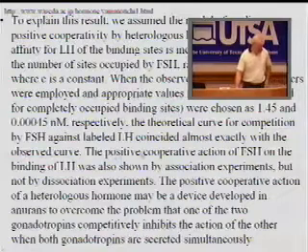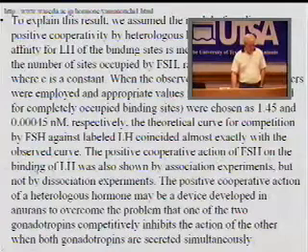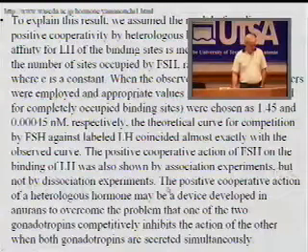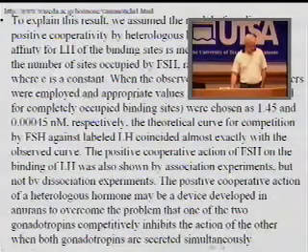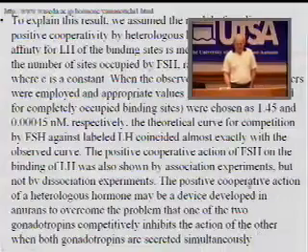So the positive cooperative action of FSH on the binding of LH was also shown by association experiments, but not by dissociation experiments. So the positive cooperative action of a heterologous hormone may be a device developed in anurans to overcome the problem that one of the two gonadotropins competitively inhibits the action of the other when both gonadotropins are secreted simultaneously.